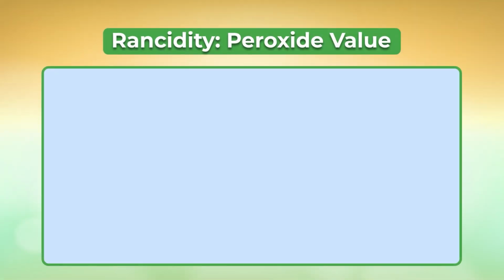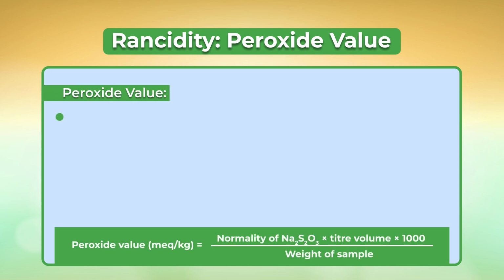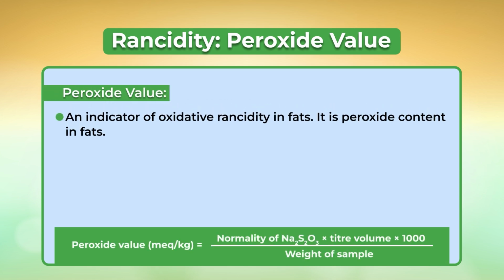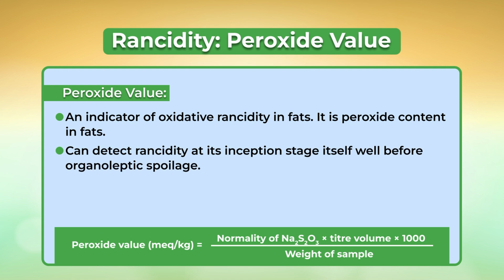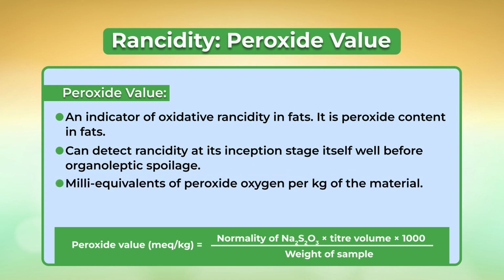So how do we do the peroxide value? The peroxide value, as we know, is the indicator of oxidative rancidity in fats. It is the peroxide content in fats and can detect rancidity. It is nothing but milliequivalents of peroxide oxygen per kg of the material. How many milliequivalents of peroxide are present per kg of food is the peroxide value.